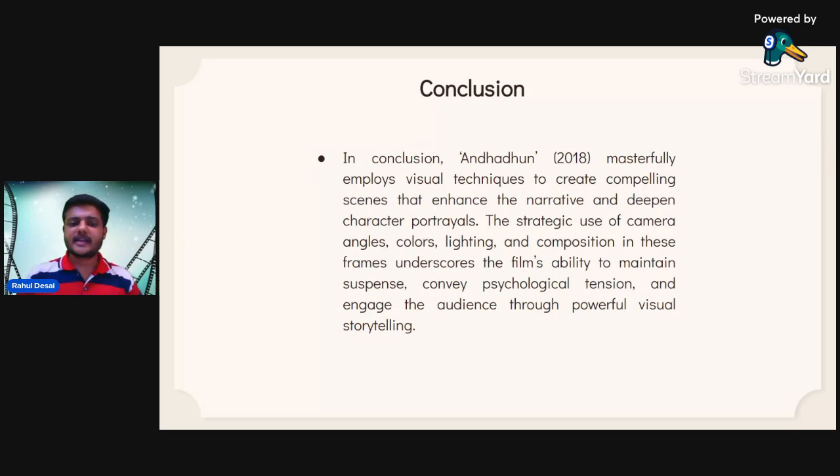The story attracts the audience to watch and observe some frames, learn what they say, and find the hidden meaning from the various frames.